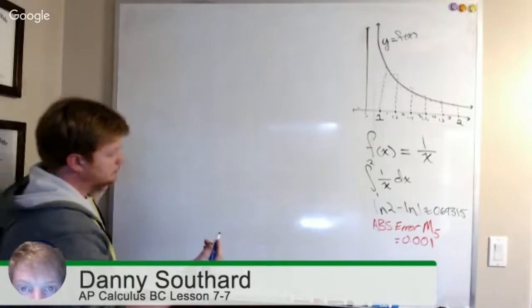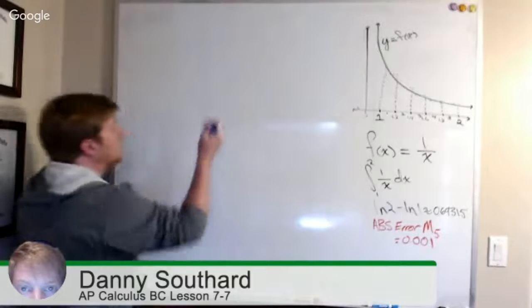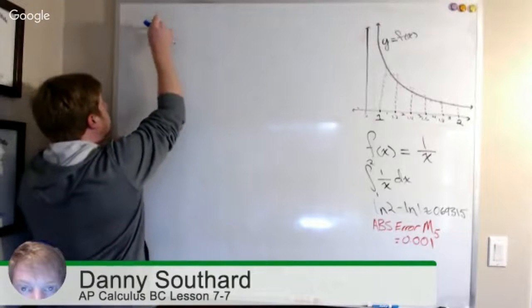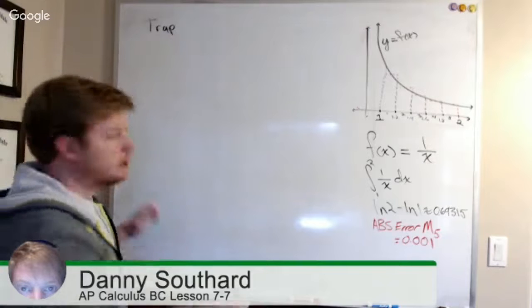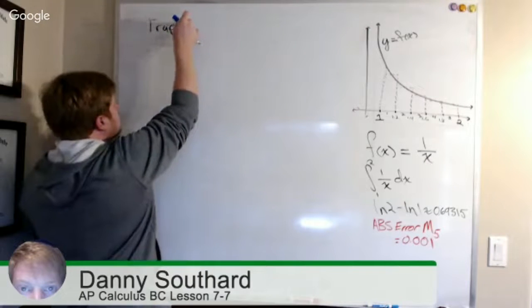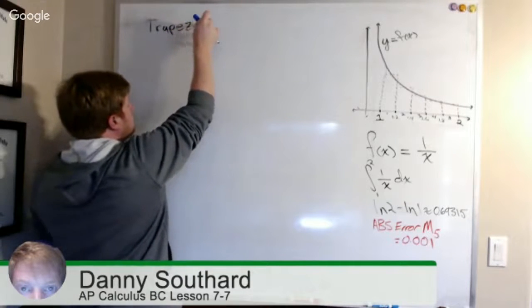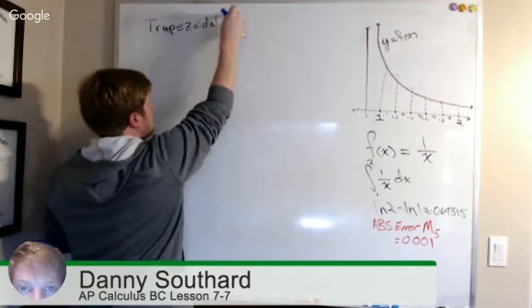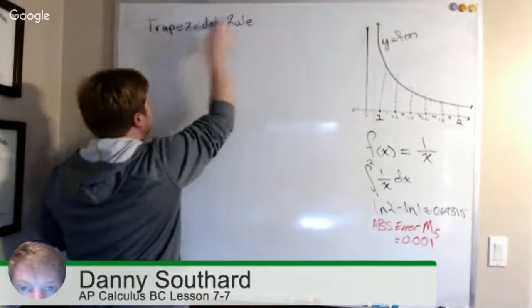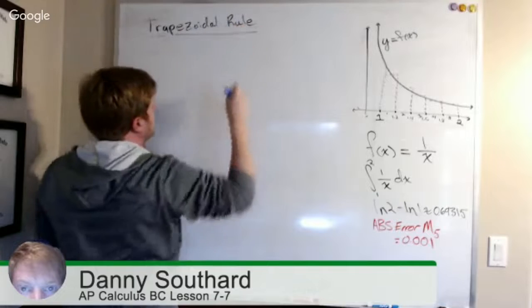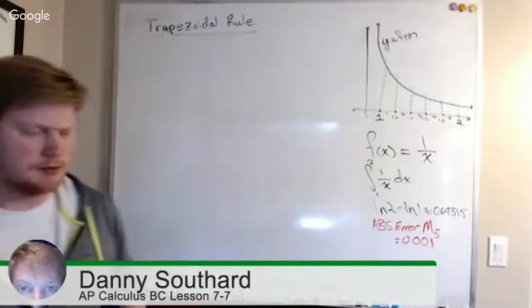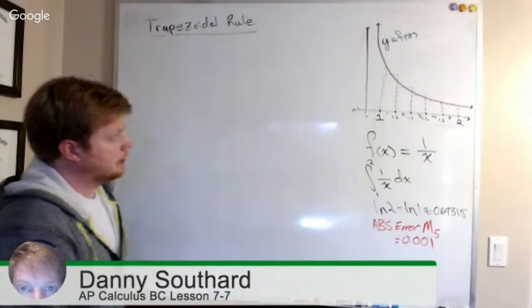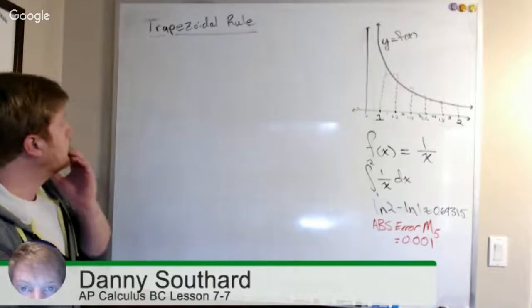Okay. So, I should be how to spell trapezoid. Now, there's another rule in your textbook called Simpson's rule, but we won't look at that. That's not something that we concern ourselves with.